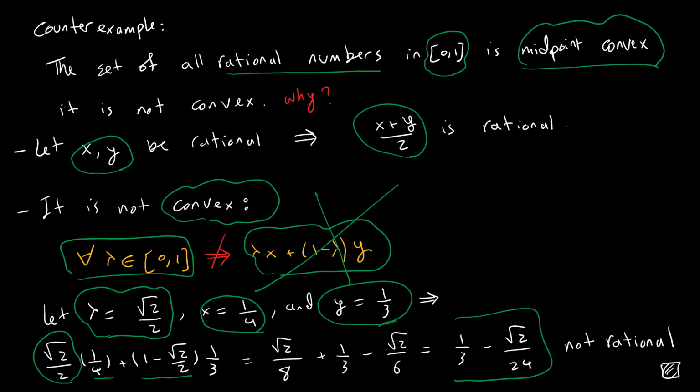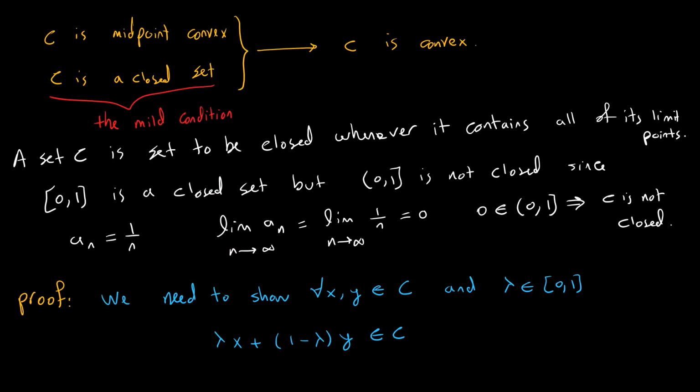But if we add some more conditions on the set C, then we will see that the other way around is also true, and that mild condition is the closedness of a set. So in the next slide, which is this slide, I will be showing that for a closed set, we will have that condition to be satisfied.